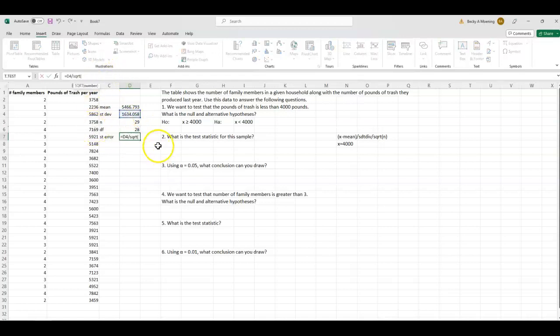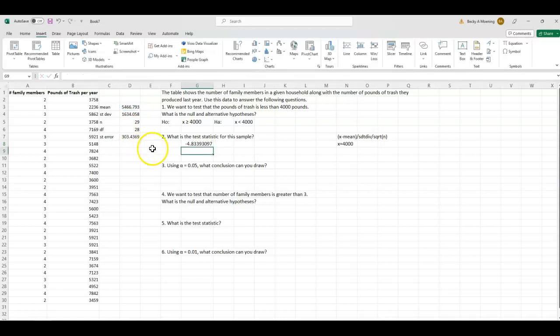I forgot to put parentheses around my square root. Okay, so that's just the denominator, right? The standard deviation divided by the square root of n. So when I want to find my test statistic, I can type in my formula: equals X, which is 4,000, minus the mean, there's my numerator, divided by the standard error, which is the standard deviation divided by the square root of n. And I get my test statistic.